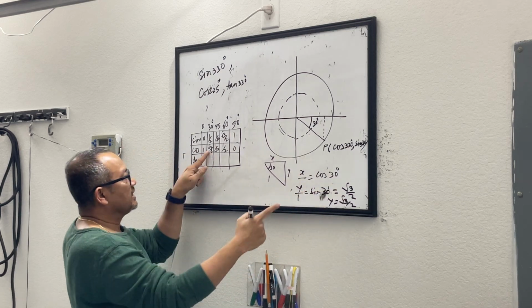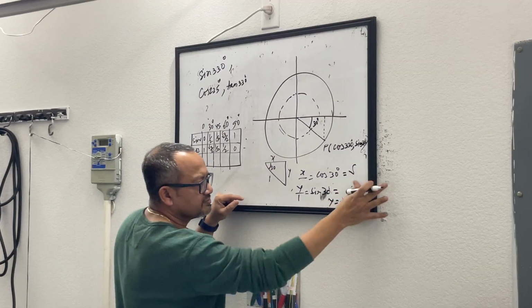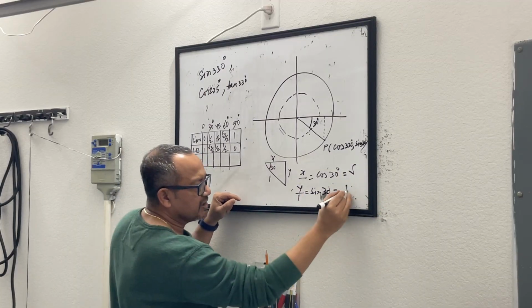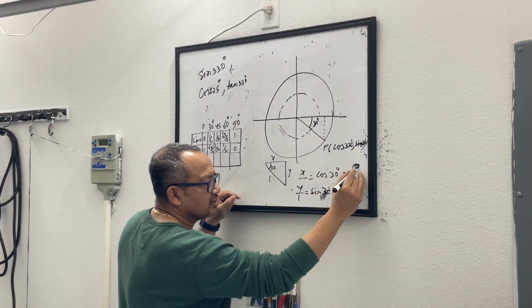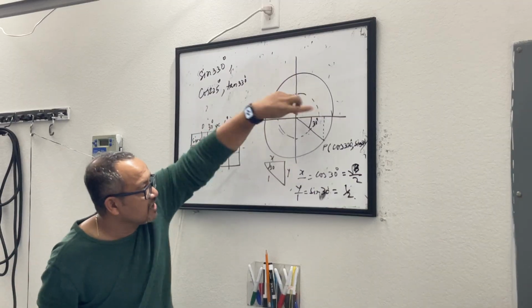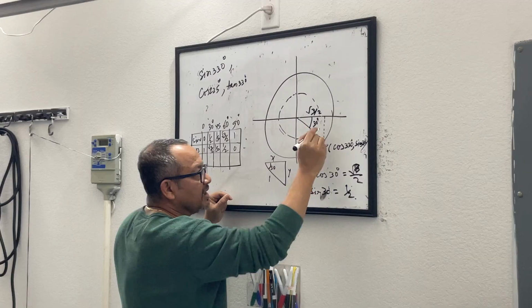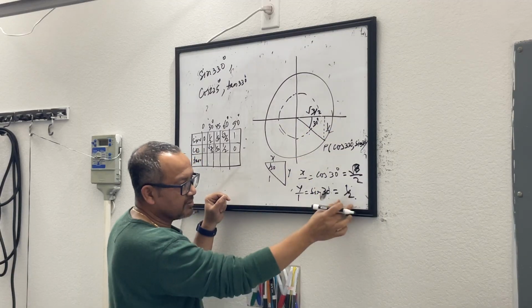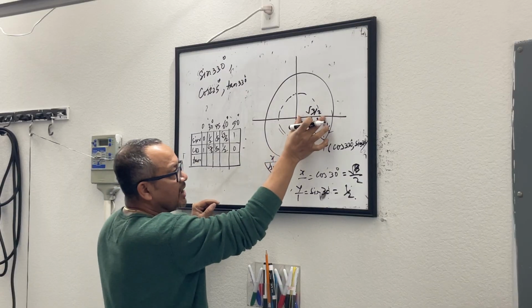Cos 30 degree is again root 3 by 2. What am I doing here? Sine 30 is 1 by 2. That's why I was thinking how come my sine and cos value both are same. Cos 30 is root 3 by 2. So x length, this length is root 3 by 2. Y length is 1 by 2. Sine 30 is 1 by 2. If you look at it here, this is 1 by 2 and this is positive.